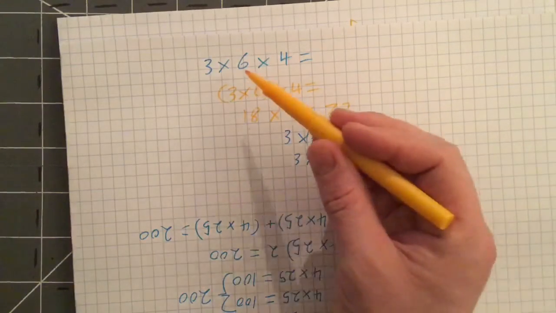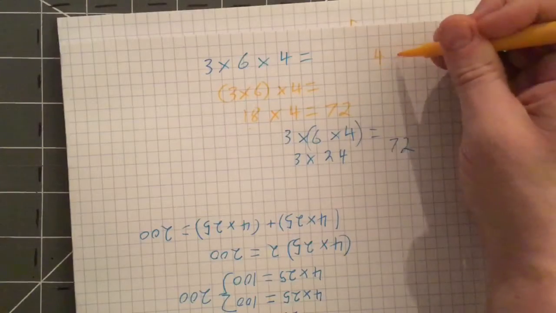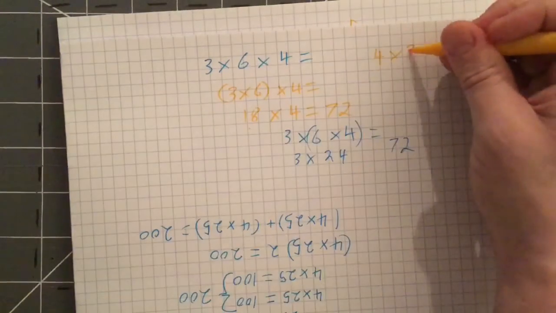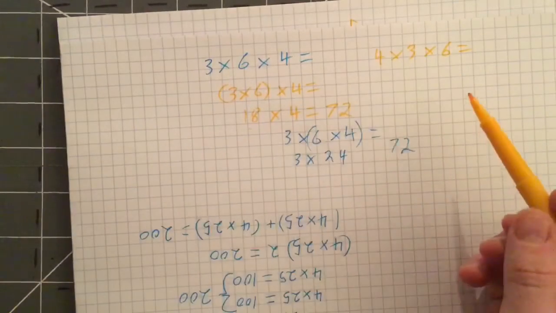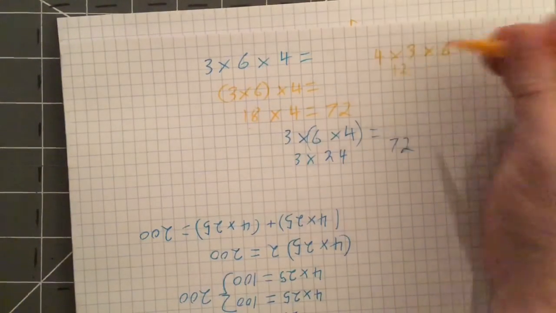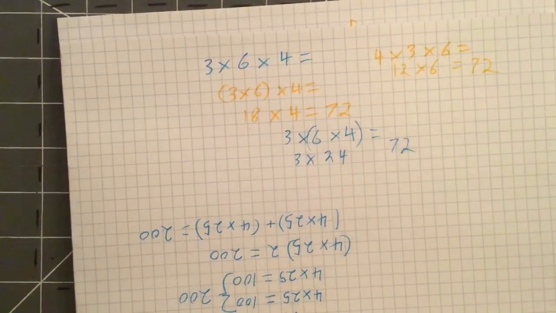What if I take that 4 and I put that 4 first, and I multiply that 4 by that 3, and then I multiply that by 6? What if I go in an entirely different order? 4 times 3, 12. 12 times 6, 72. The associative property states that as long as you're working with multiplication, it does not matter the order in which you multiply those numbers. You will always end up with the same answer.